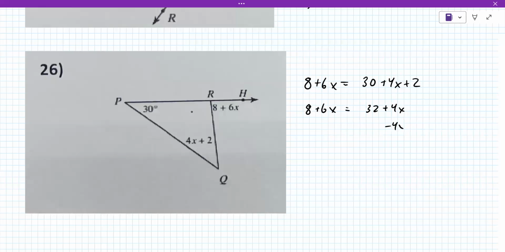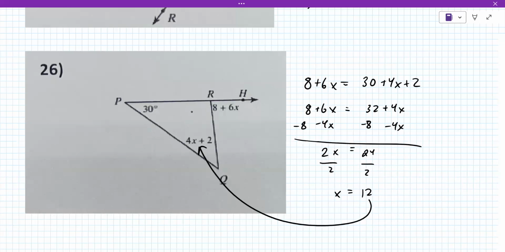So subtract 4x from both sides, subtract 8 from both sides, 2x equals 24, divide by 2, x equals 12. Okay. Now that's the solution, but sometimes they want you to put that 12 back in to find the angle. Especially if it's multiple choice, make sure it says solve for x, not solve for angle q, because they might both be there.